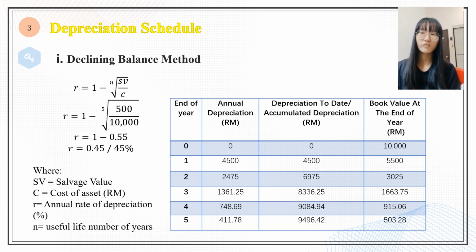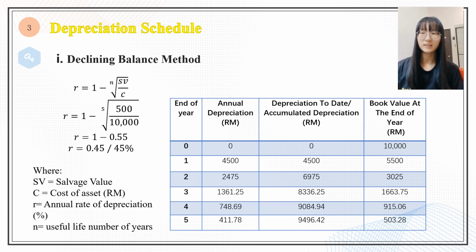So the formula for the declining balance method is R equal to 1 minus the nth root of SV over C, where SV is equal to salvage value, C is equal to cost of asset, R is equal to annual rate of depreciation, and N is equal to useful life, number of years.